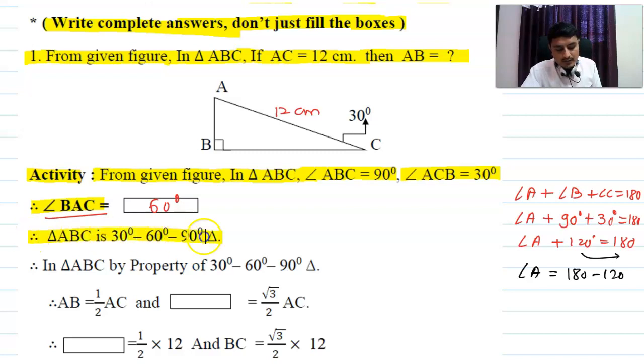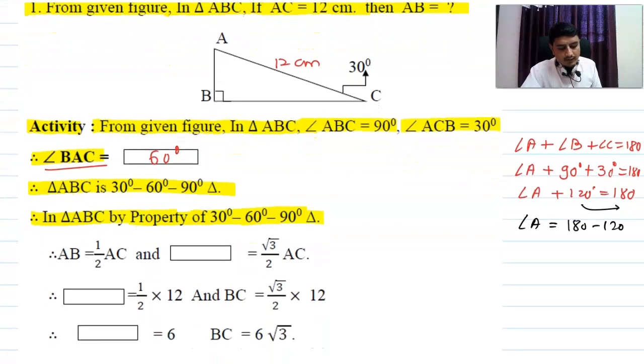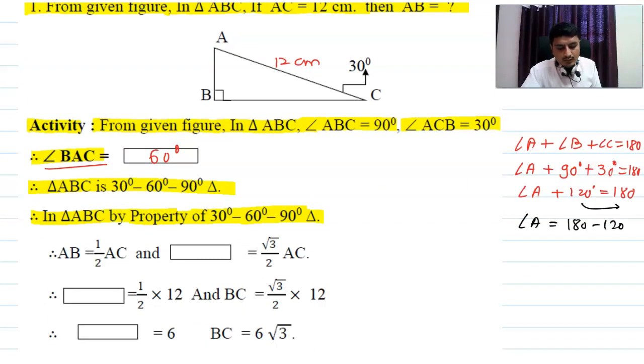So the triangle ABC is a 30, 60, 90 degree triangle. So in triangle ABC, by the property of a 30, 60, 90 degree triangle, the opposite side of the 30 degree angle, that is AB, is half of AC, and the opposite side to the 60 degree angle, now we have angle BAC, that means angle A equals 60 degree, so the opposite side of the 60 degree angle, that is BC, equals root 3 by 2 times AC.